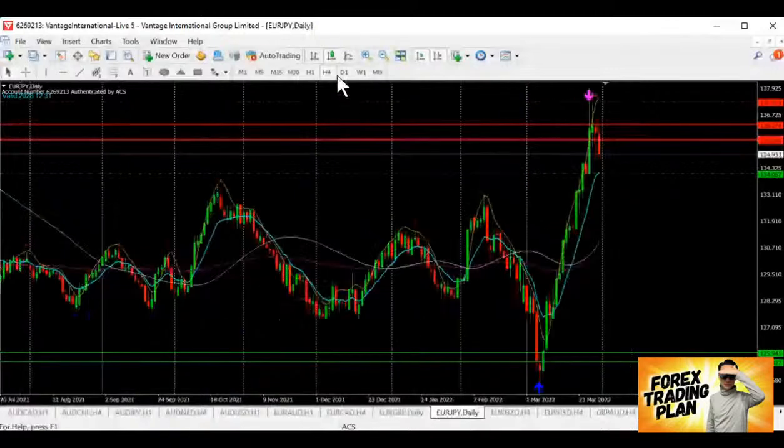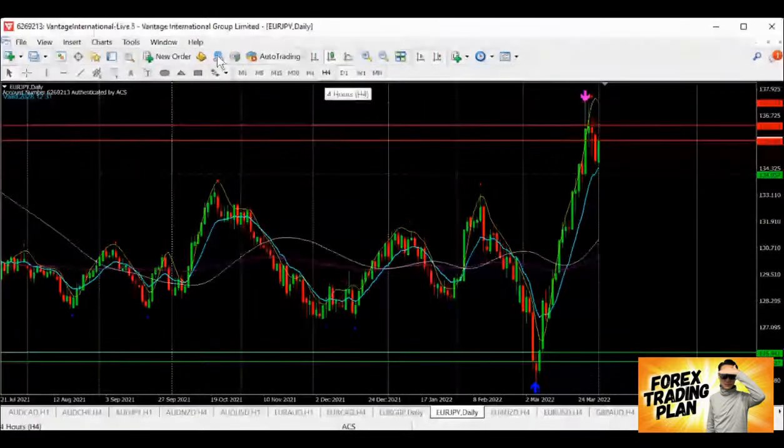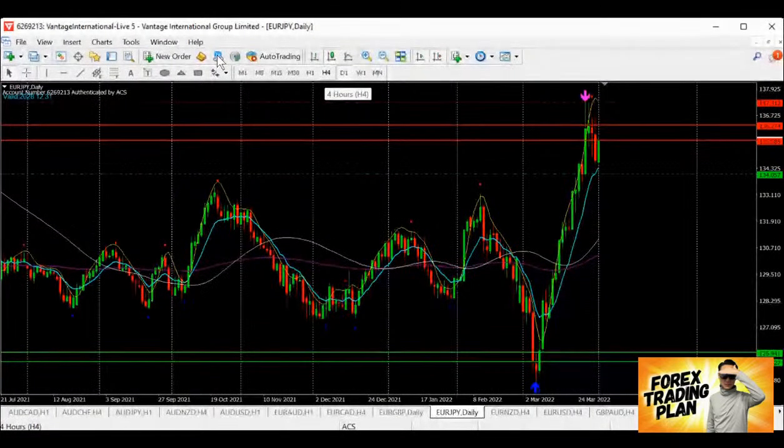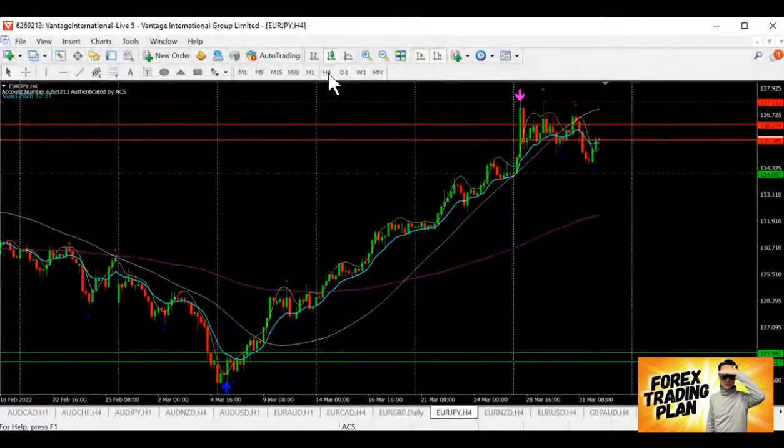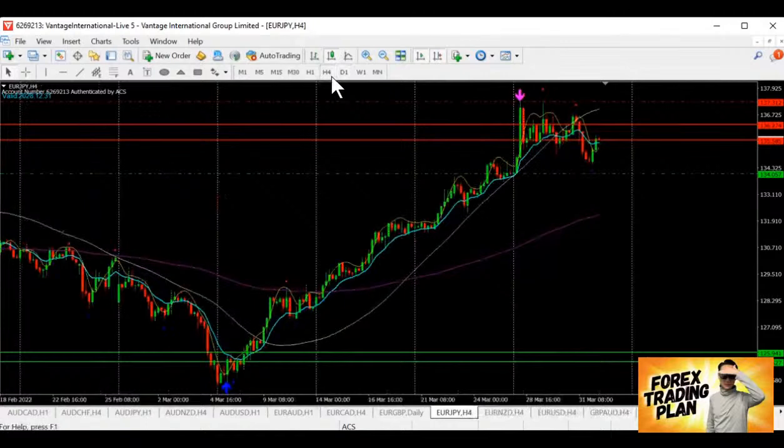Euro yen over here. Euro yen now is retracing backward, upwards into the bear zone. Now retracing up to the bear zone, but it's not into the bear zone yet. Lucky thing is that it's not in the bear zone.